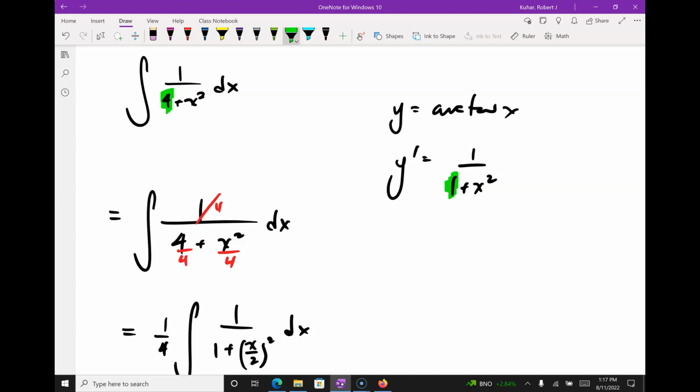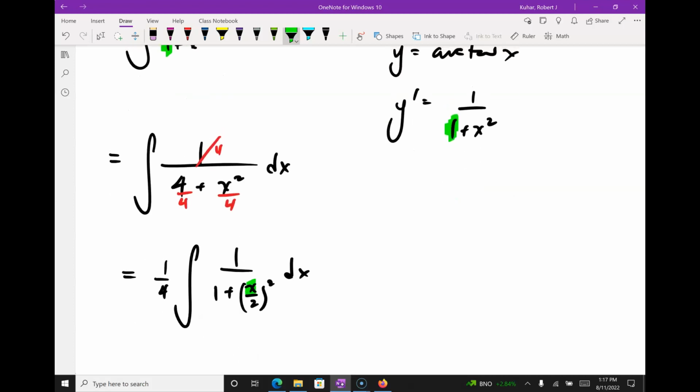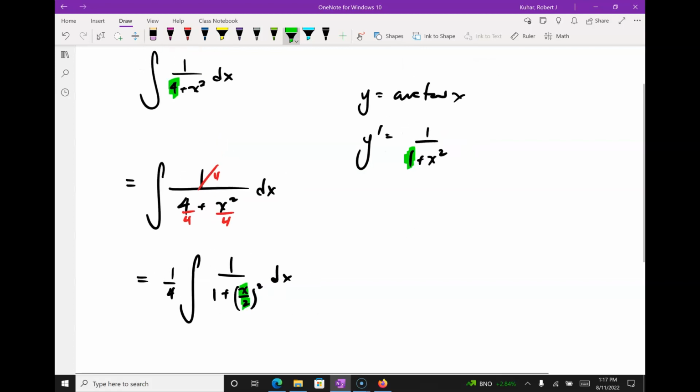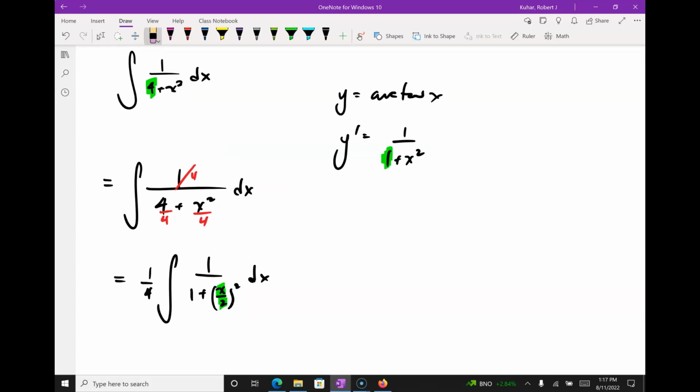That's fine. That's like multiplying by 1. And then I need something squared here. So I change that 4 to a 2 inside, and it's getting squared. Yes, question? Yep. Divided everything by 4. Yeah, it's right out front now. That 1/4 is that 1/4.